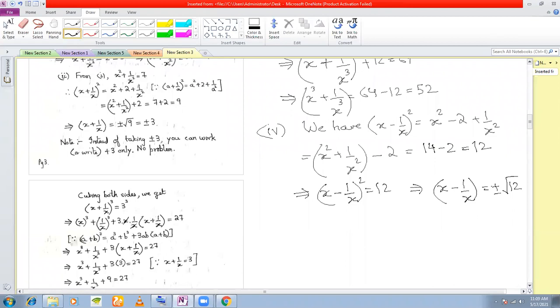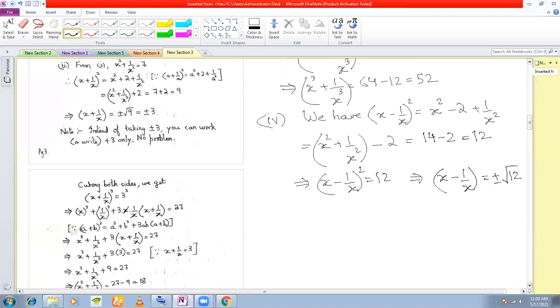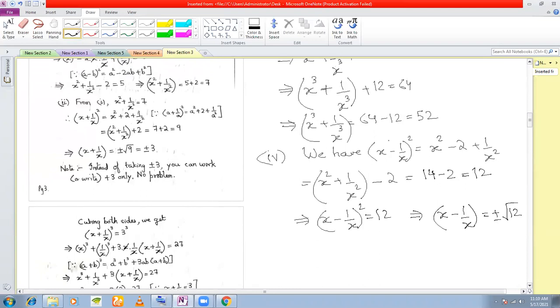If you want to take the positive sign only, you can. Sir, if this minus 2 is going to the right hand side, it will be plus 2? No, we have simply expanded here. By the x minus 1 by x whole square formula, we have expanded.